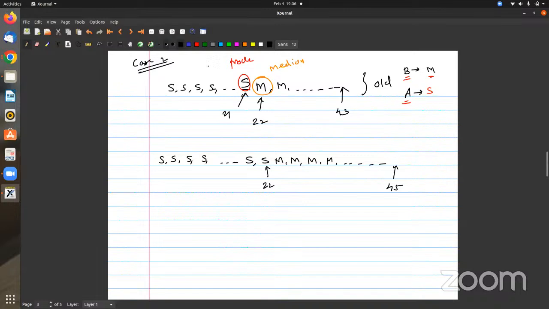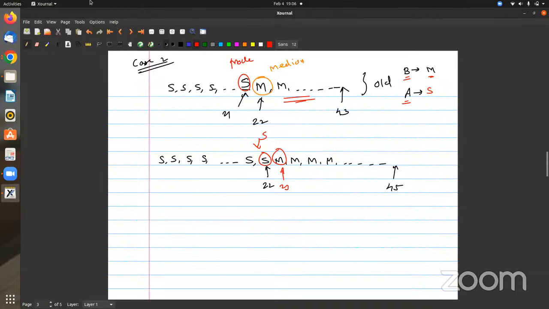So in this case, what is my median? 23, it will be the median. And what will be my mode? 22. Mode again will be S, right? Because if M is not the mode, then this will not change.